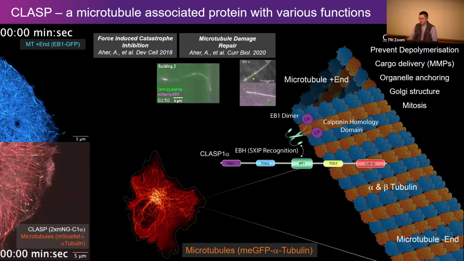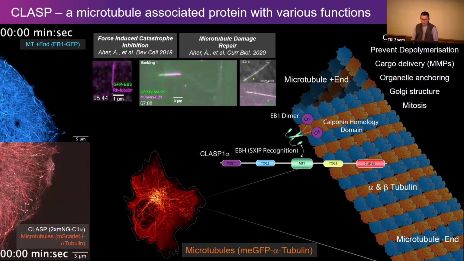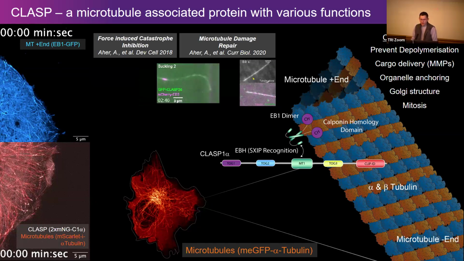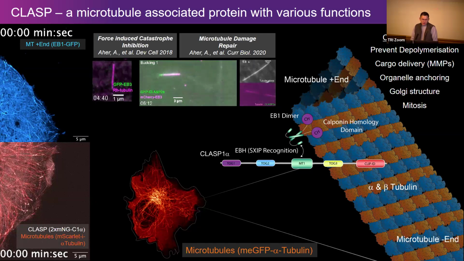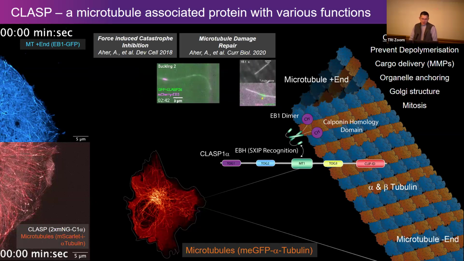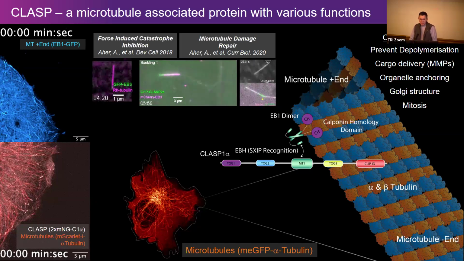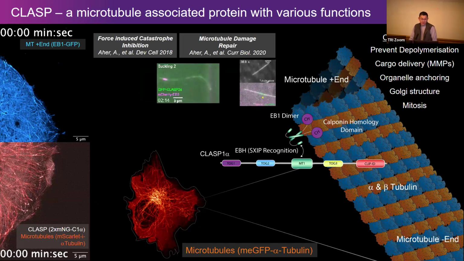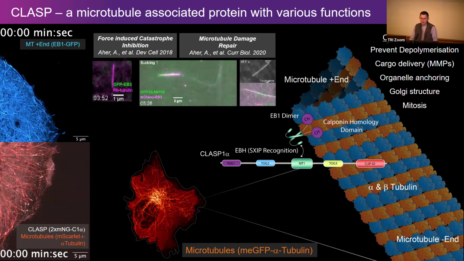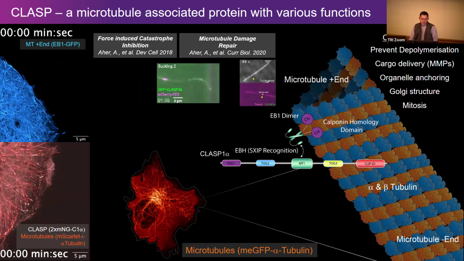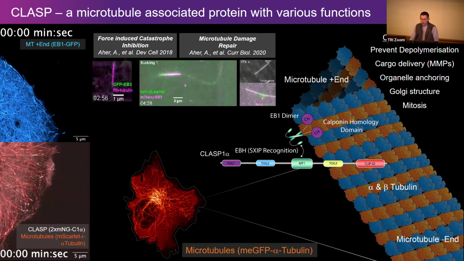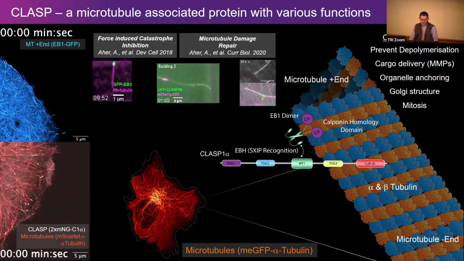So it reduces their flexural rigidity, allowing them different mechanical properties. And then they also showed that when you damage microtubules, CLASP gets quickly recruited to these damaged sites to repair them. So it's a really potent protein that modulates the behavior of microtubules.